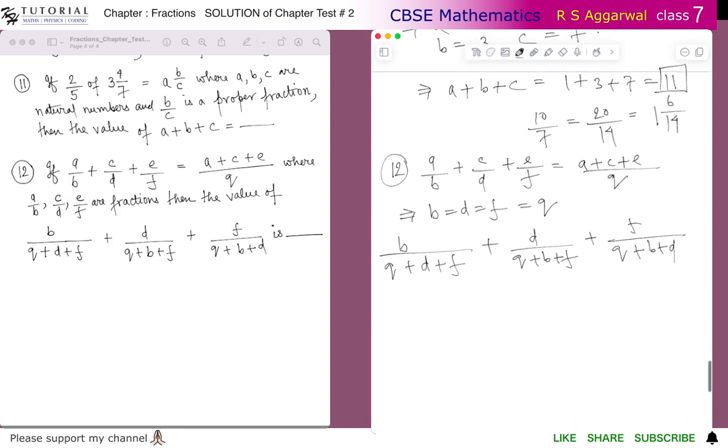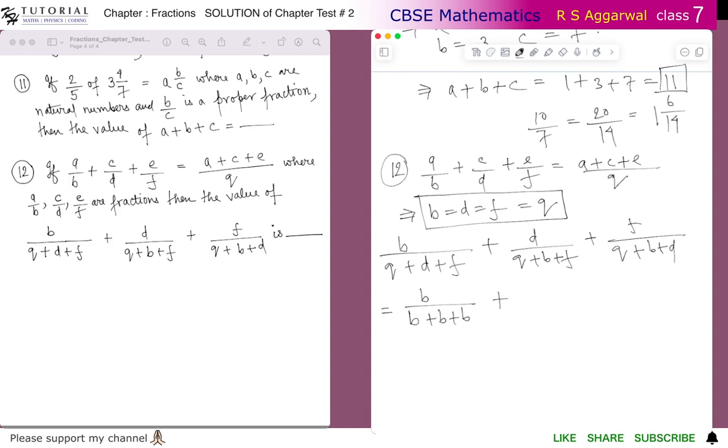Now using the fact that b = d = f = q, we can simplify this addition. In the first fraction we can substitute q as b, d as b, and f as b, because we know that b = d = f = q.